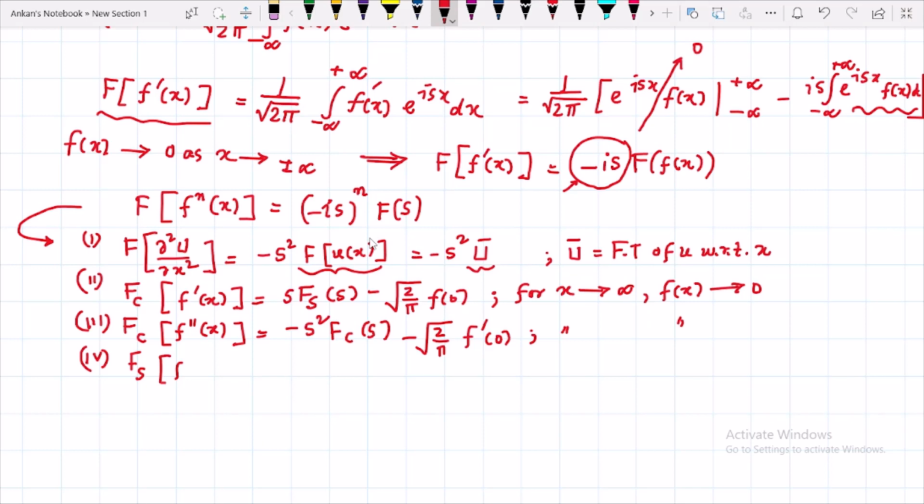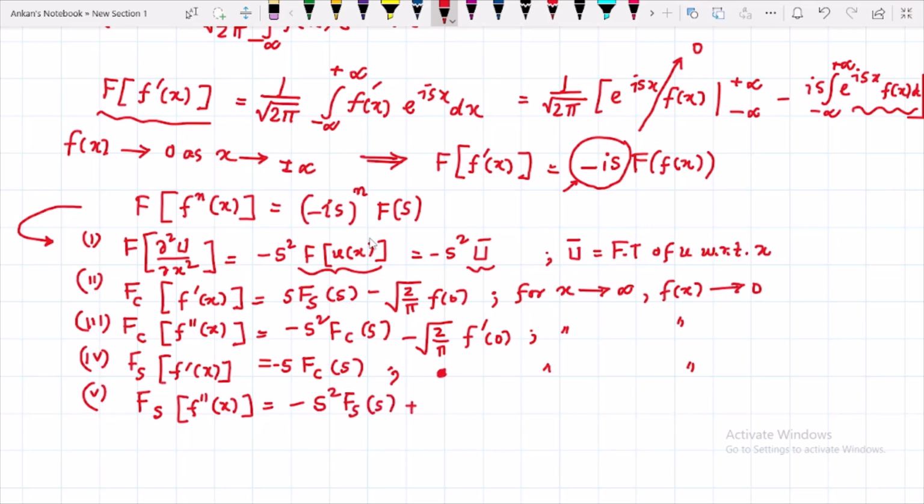Fourier sine of the single order derivative of f(x) can be written as minus s F_c(s), provided the same condition, and the last one is Fourier sine of f double prime x, which is nothing but minus s square Fourier sine F_s(s) plus root 2 by pi f(0) multiplied by s. This also contains the same condition.